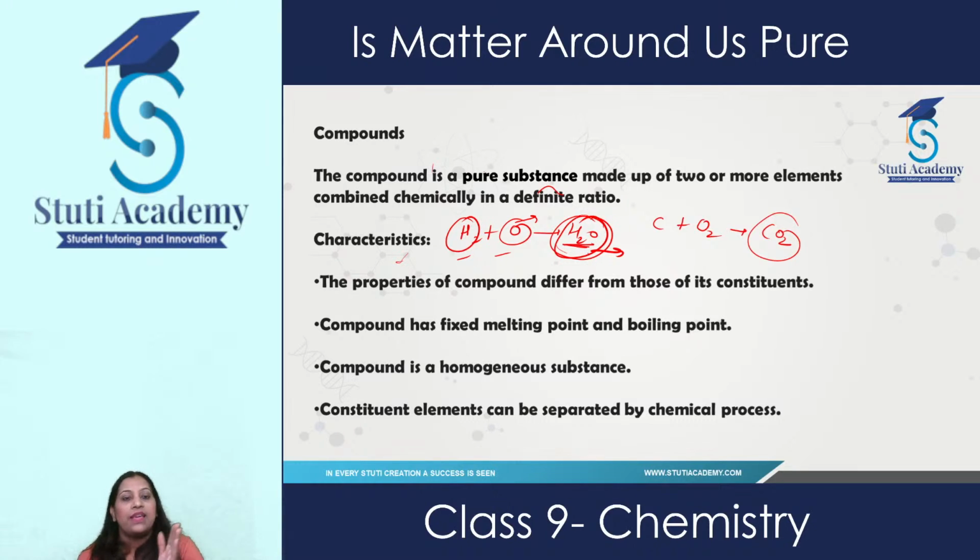So these are the characteristics of compounds, and they are also pure substances. The reason is that whatever elements are present in them, they are present in a fixed ratio. That's why they come under the category of pure substances.